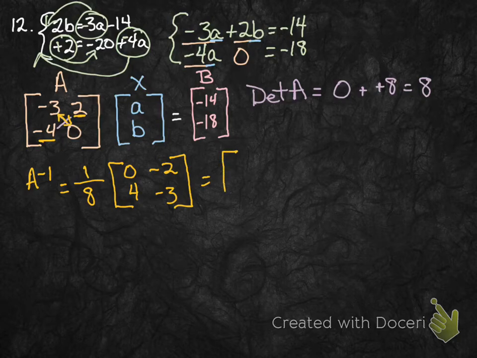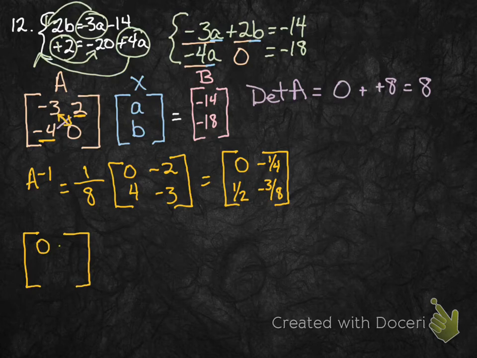Multiply that out by the 1/8. And we end up with an inverse matrix of 0, -1/4, 1/8, not 1/8, 1/2, excuse me, and -3/8.